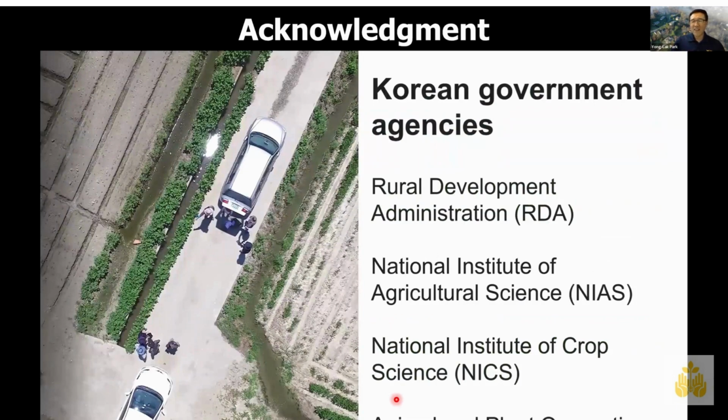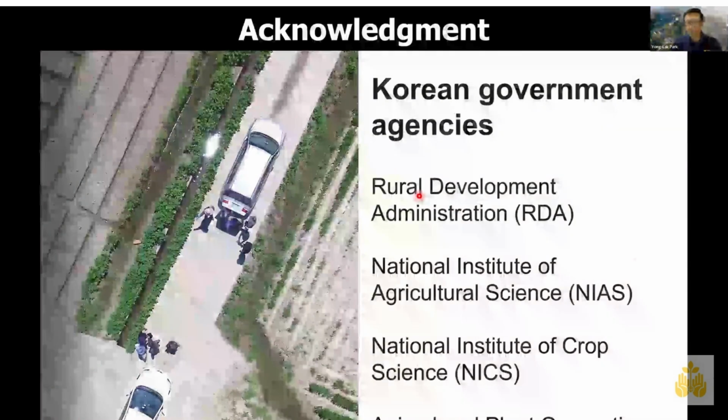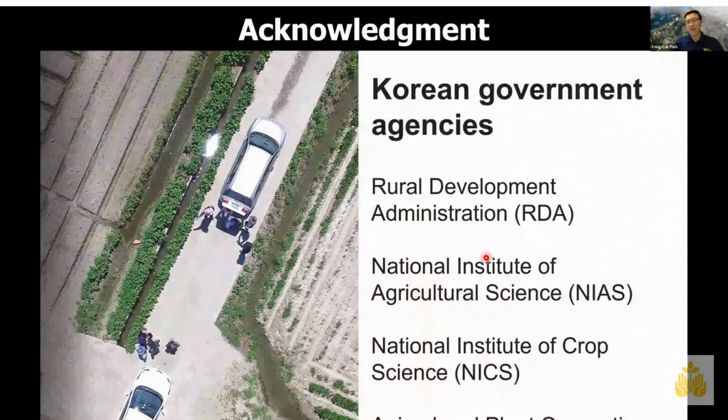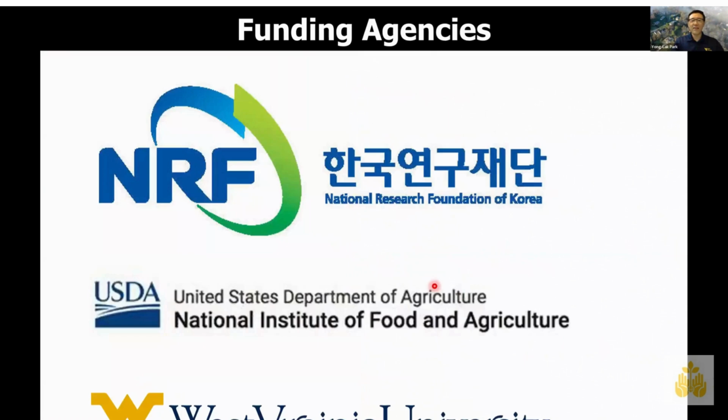I'm not even Korean, but I was in Korea, fortunately or unfortunately, where a beet armyworm outbreak occurred. These are the Korean agencies who did the ground survey, and these are the funding sources. I hope my presentation is helpful. It's not fall armyworm, but it's very close to fall armyworm, which is the beet armyworm.